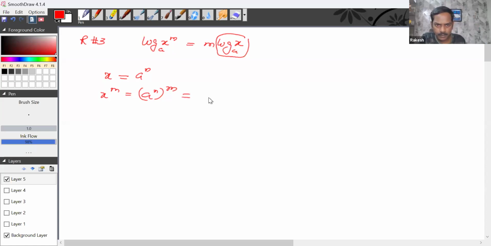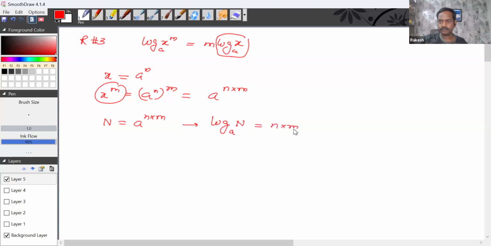Let me simplify this. This will be a to the power N is equal to a to the power n into m, right? Now this is some number N, which is equal to a to the power n into m, correct? So in a logarithmic format, I can write it as log of N with base a is equal to n into m. Fair enough?